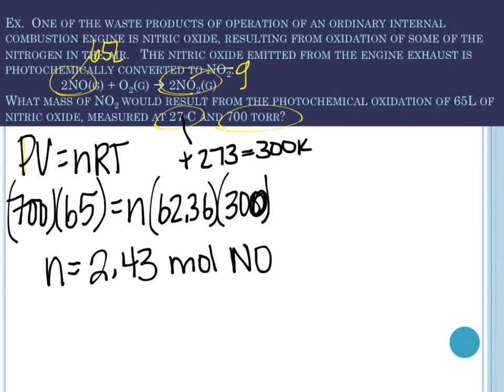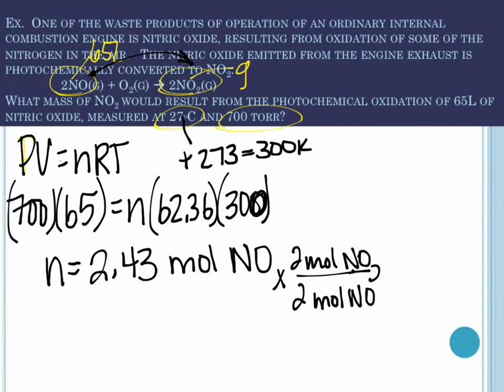So I need to stoich out from here to there. So what's the ratio of NO to NO2? 2 moles of NO for every 2 moles of NO2. I need the molar mass of NO2. So 14 plus 32, 46 grams for every 1 mole of NO2.